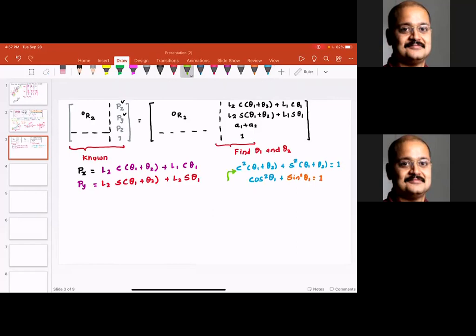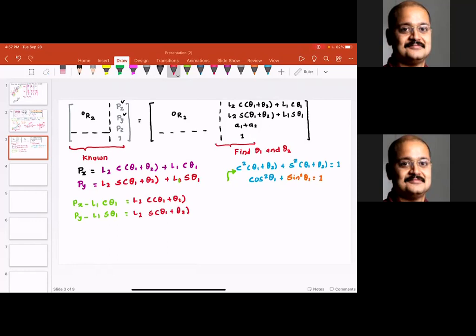So this is the trick. What I'm going to do is write Px minus L1 cosine theta 1, Py minus L1 sine theta 1 on the left, and on the right hand side I'm going to have L2 cosine (theta 1 plus theta 2), L2 sine (theta 1 plus theta 2).